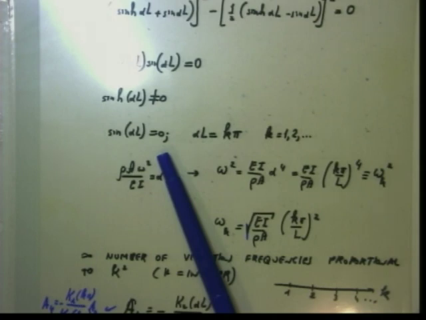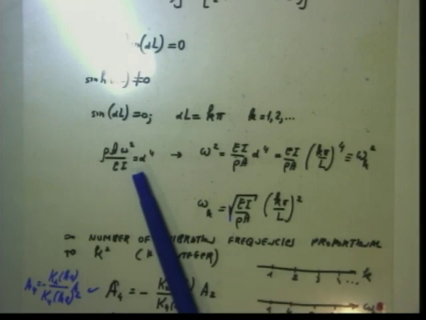Okay, now the question is how much are the frequencies? Where are these frequencies? Frequencies are here. If you remember, we had this notation from the past lecture: rho A omega square over EI equals alpha to the fourth power. We divided the differential equation by EI; in the second place we had rho A, then multiplied by omega square because the derivative by time gave omega square, and we denoted it by alpha to the fourth power.